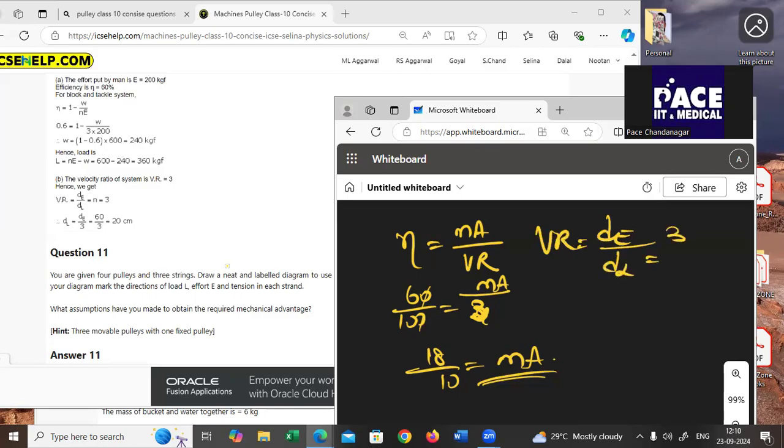It is being told to us. And the distance of the effort arm, I do not know, by 3, right? By distance in the load is 3. That will be your 60 by 3, because this is being told to us. This is 60 by 3, which is 20 centimeters. It is being lifted up.